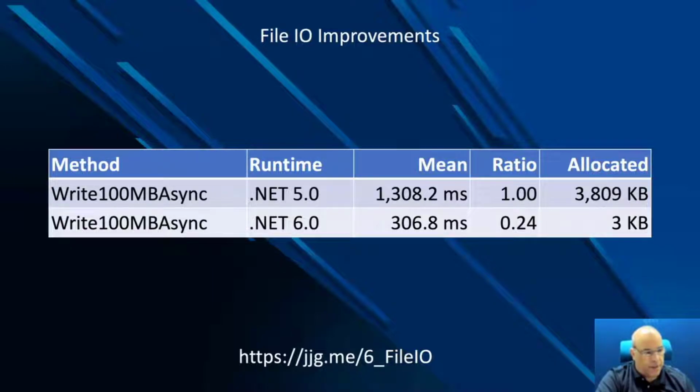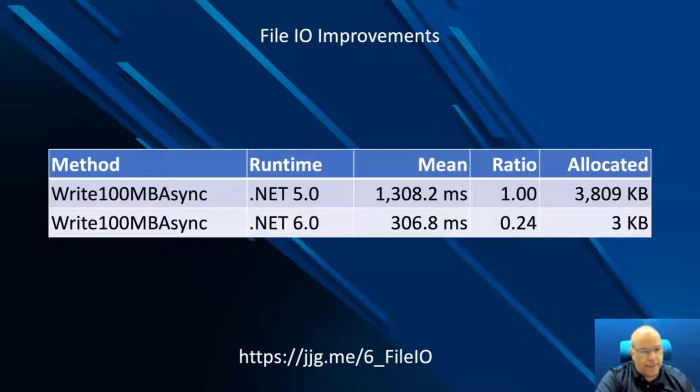In the SDK, there is a test project. In the test project, they have a method where they're writing out a 100 meg file asynchronously. In .NET 5, that file on average took about 1 second or so to write and allocated almost 4K of memory.